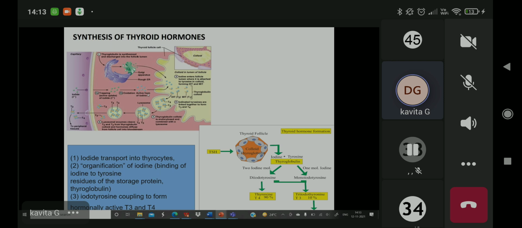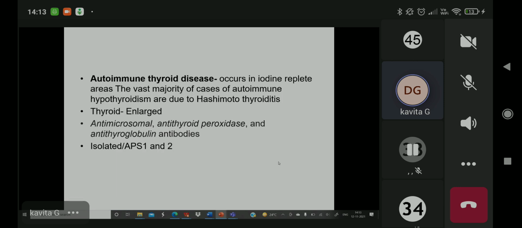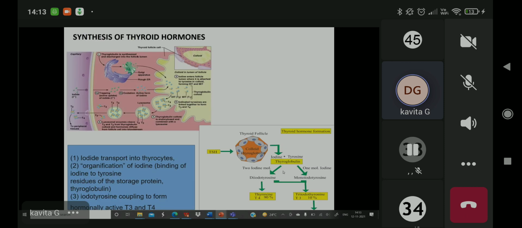Now, when the active form of iodine is generated, it then goes into the colloid in the lumen of the follicle. And when it enters there, it does all this, which we have in the other table over here. So you have iodine in its active state combining with tyrosine in the colloid, and according to the composition of the molecules, you may have diiodotyrosine, that is DIT, or MIT, that is monoiodotyrosine.